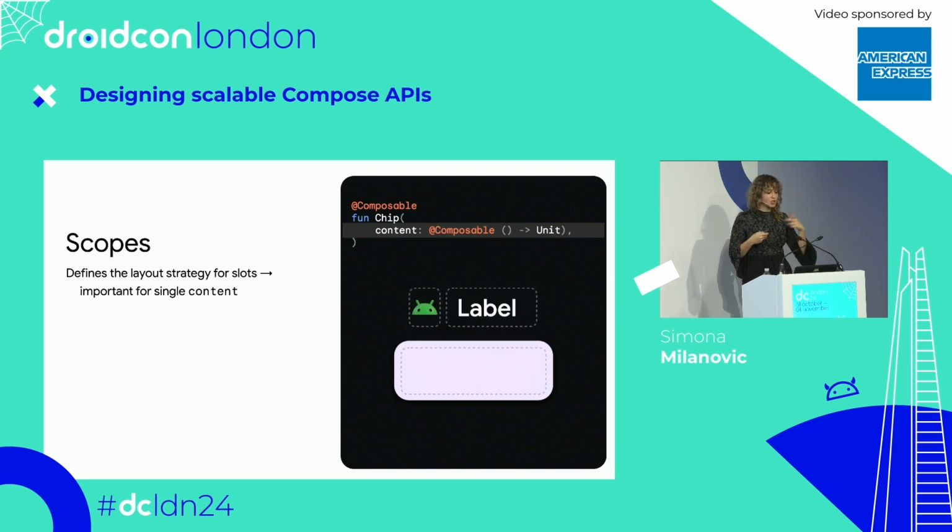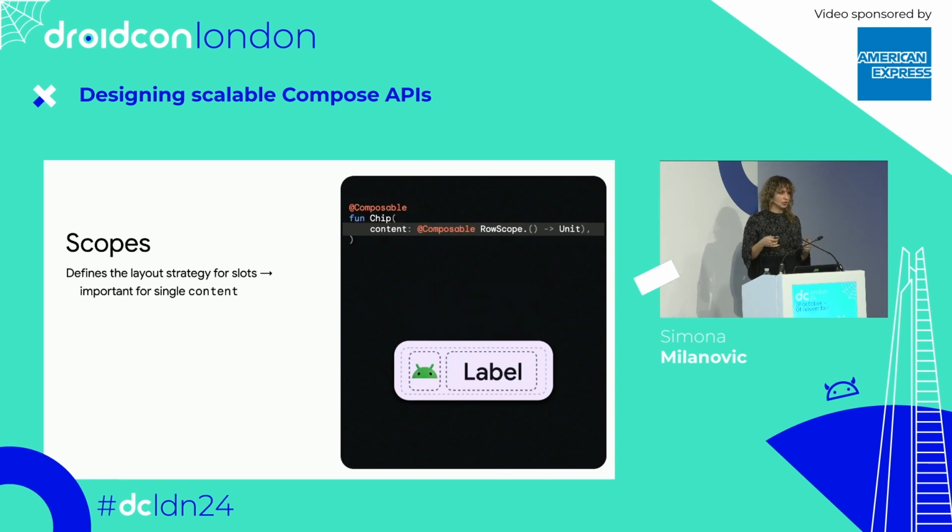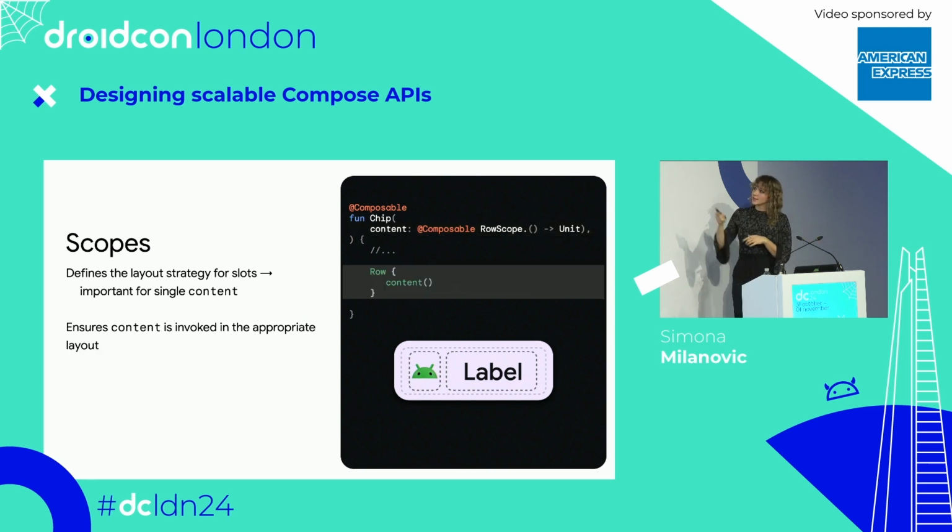For the chip, the most common usage pattern is to lay out the icon and the label side by side in a row. So what we do is we actually scope the content slot to the row scope. This ensures that somewhere down the line, this content needs to be invoked within a row composable, and at the same time, it communicates this UI expectation to the user.